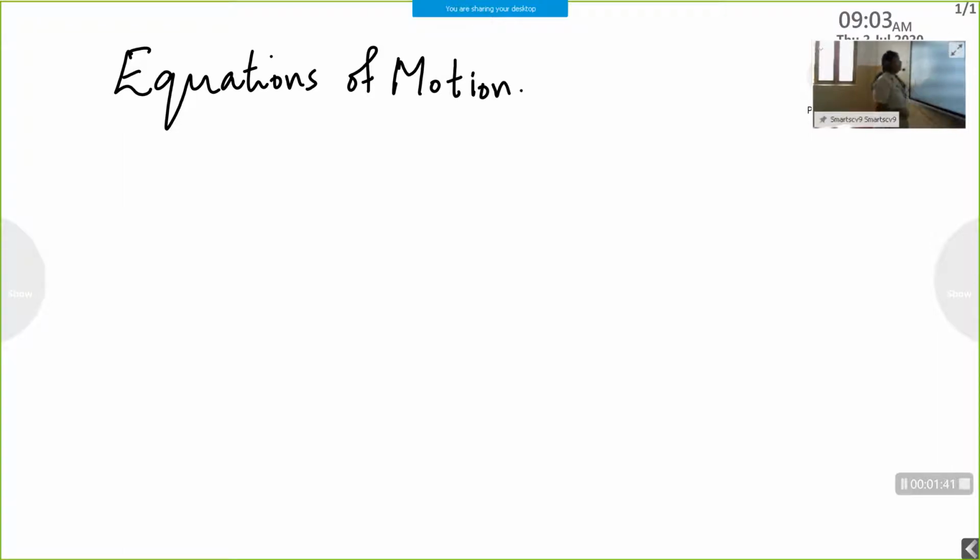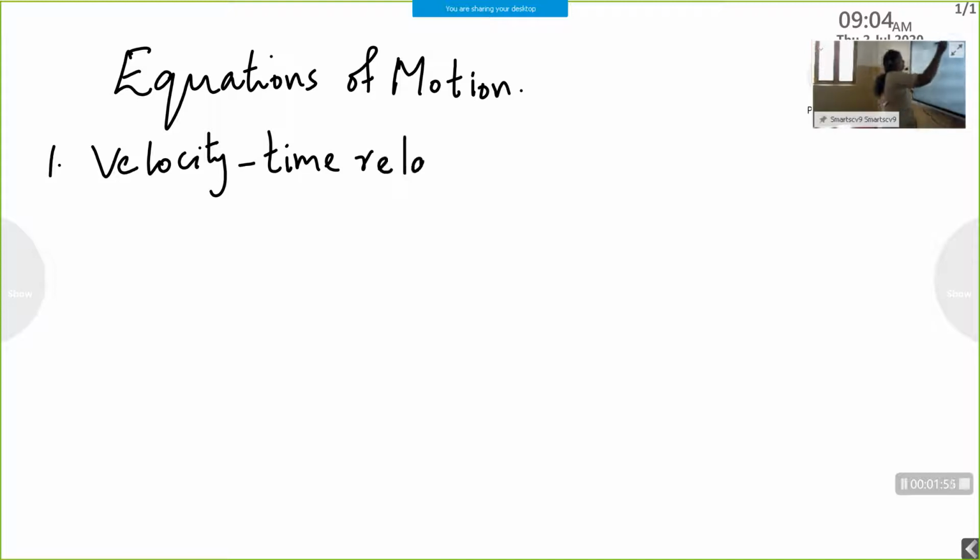And children, we have three equations of motion, and the first one is the velocity time relation. The first equation of motion is called the velocity time relation because it relates the velocity and time. I am just writing the equation here, that is V equals U plus at.